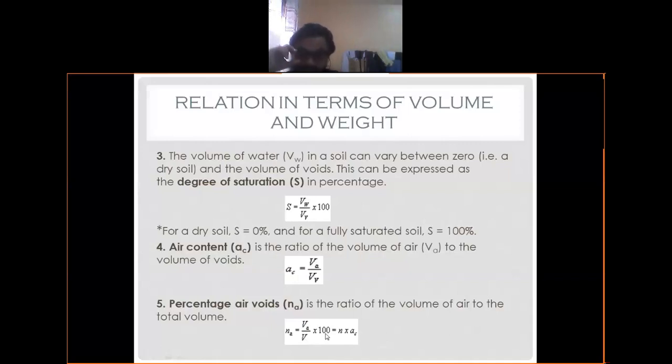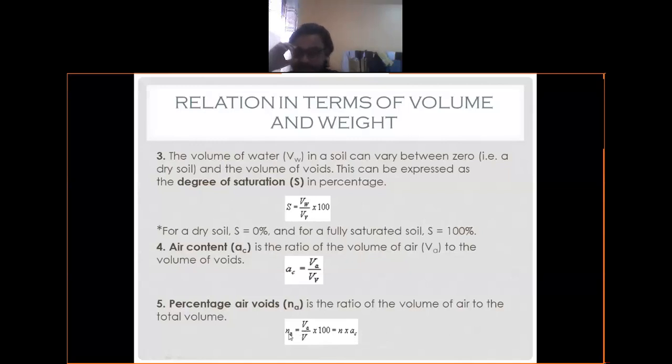Okay, and this is the interrelation between air content and percentage air voids. You can see this n represents porosity multiplied by AC. If you put the value of n and multiply by AC, you will directly get this value, which is percentage air void.